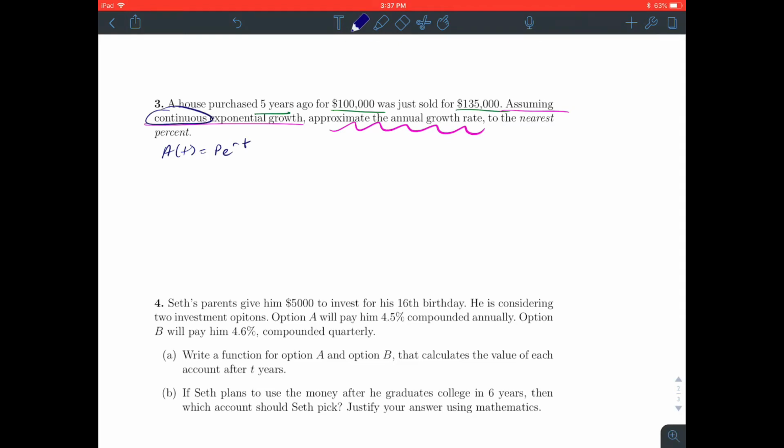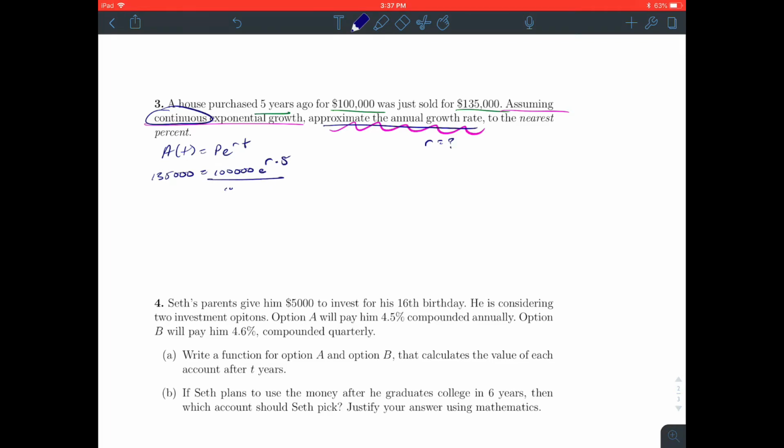We know that because it's continuous. So the value of the house is $135,000. The principal is the starting value, 100,000. E is E. R, that's what we're trying to find, the approximate annual growth rate. We'll leave as a question mark. And T, we have 5 years elapsed in between.